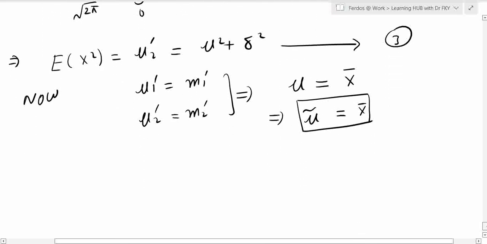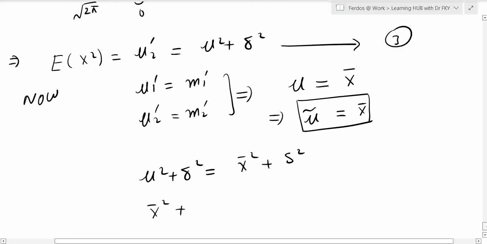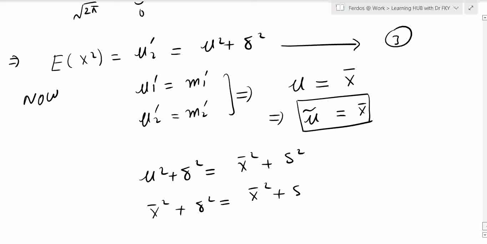Now m2 prime, mu2 prime, we just calculated, is equal to mu square plus sigma square, and m2 prime is equal to x bar square plus s square. And you already know that the method of moment estimate of mu is x bar, so you can replace this with x bar square plus sigma square, because this is known now, so we can replace this with x bar square plus s square.